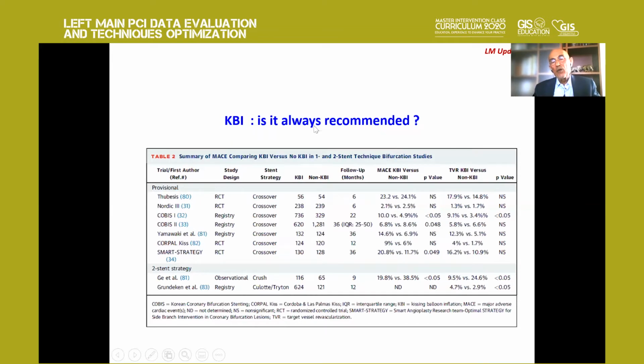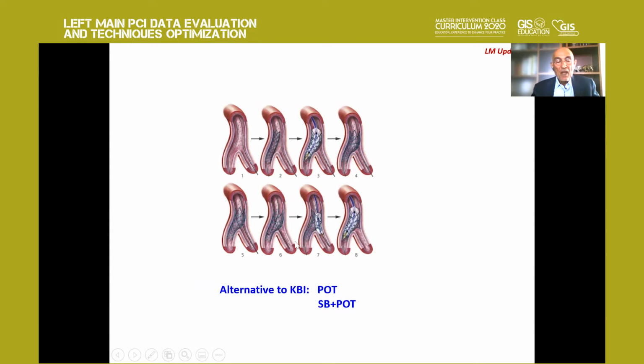About kissing balloon inflation in provisional stenting, it is not always recommended. I think it should not be done if it is not required, and it could even be harmful. Some studies showed that it will increase MACE in the long term in provisional stenting if it is done without any necessity.